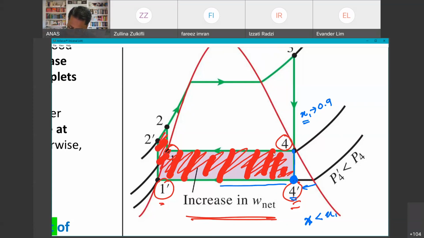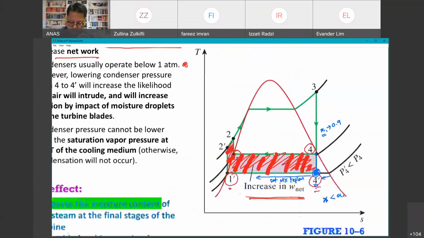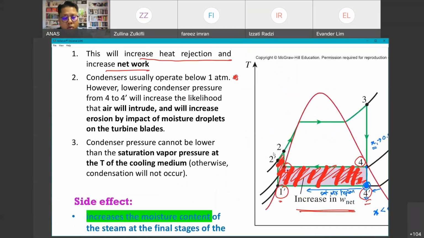Remember, this is all the saturated mixture region. So as you have more liquid in your system at the exit, you increase the probability of the moisture droplets affecting the turbine blades. Wear and erosion. Okay? So that's the main issue.